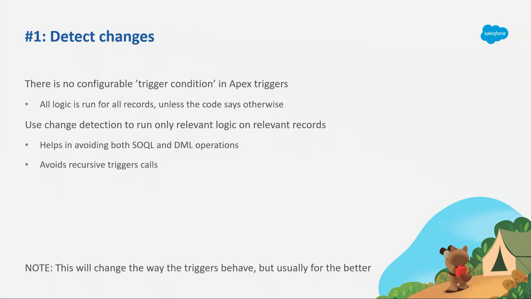And with change detection, we should enforce that we only run the logic on the records where we need it. And in that way, we're able to avoid unnecessary SOQL and DML operations. And it's good to keep in mind that this has an effect on the way that the trigger behaves, but usually for the better. But we'll review the impact on the functionality a bit later.